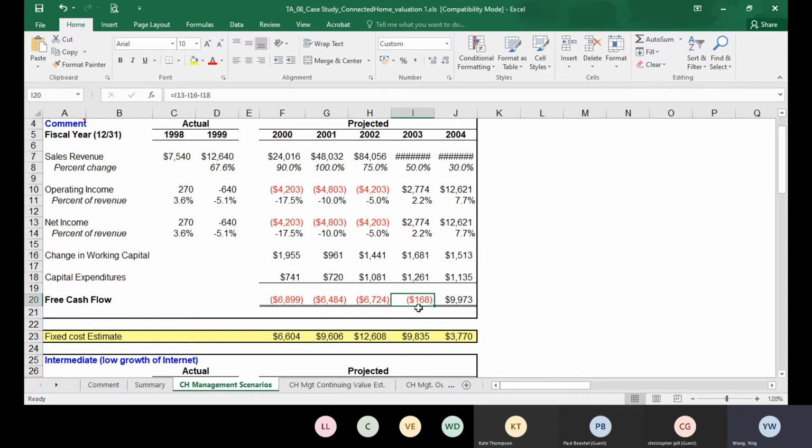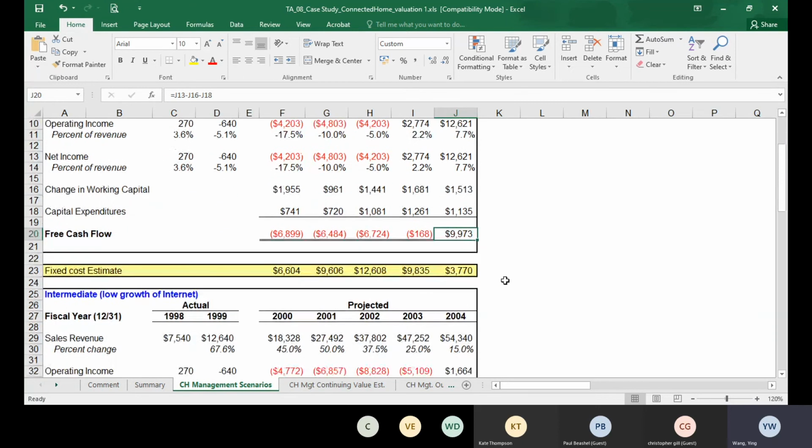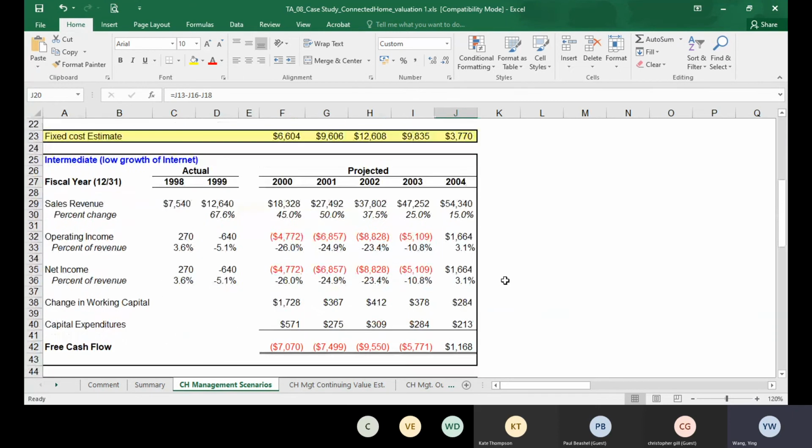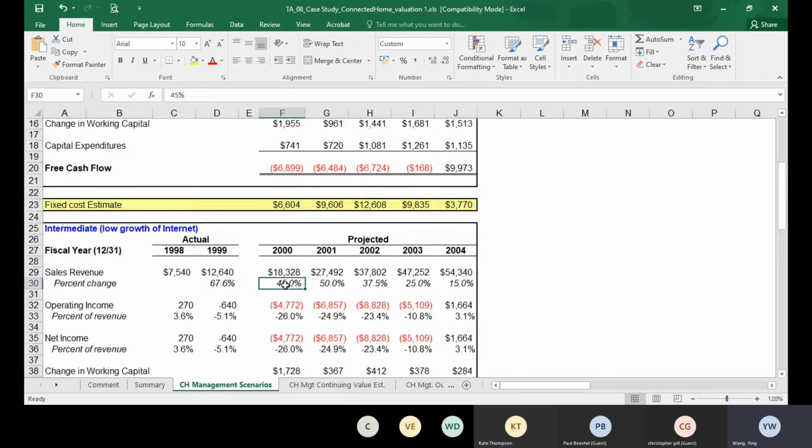Up to the 4th year, you will get less negative, and the 5th year will start to get positive. Therefore, this tells you that before the 3rd or even the 4th year, they couldn't harvest the return from this investment. If the investment of this mixed strategy is intermediate, in other words, low growth of internet, the numbers change here, so you can tell from the percentage change of the revenue, right?